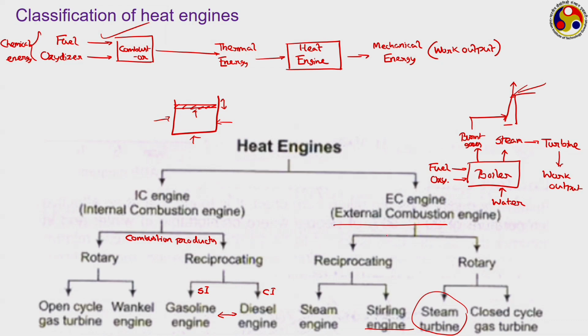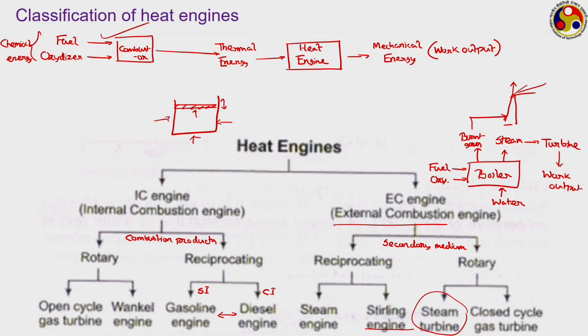So, here the working medium at the time of power production is a secondary medium. So, the thermal energy released because of combustion, which is contained in the combustion products or burned gases, is transferred to a second medium, which acts as the working medium for the rest of the cycle. That is the major difference between external combustion and internal combustion engines.